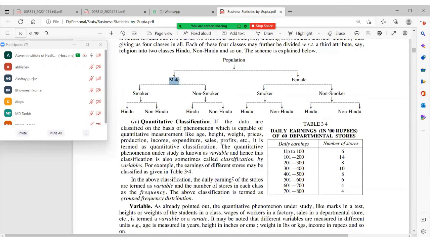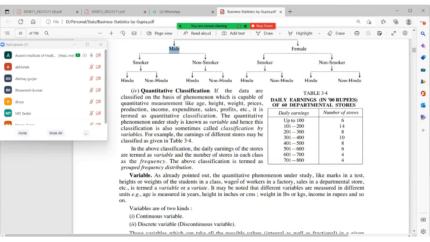Now we come to quantitative classification. Quantity means it depends on the quantity, which I already discussed with an example, right? For example, up to 100, the number of stores is 6. This is the daily earning in hundreds of rupees of 60 departmental stores. So for daily earning up to 100 rupees, there are 6 stores.